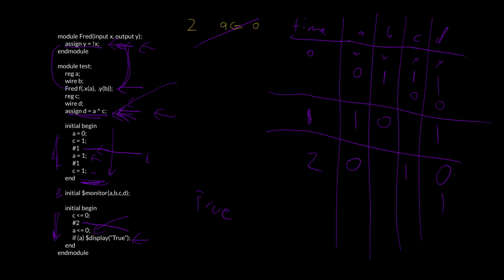And we've done this one. We've got assign B equals not A, so that means B takes the value 1. And finally, our monitor statement prints this out, and we get 0, 1, 1, 1. At this point, we've done absolutely everything, and so we finished simulating this Verilog code by hand.